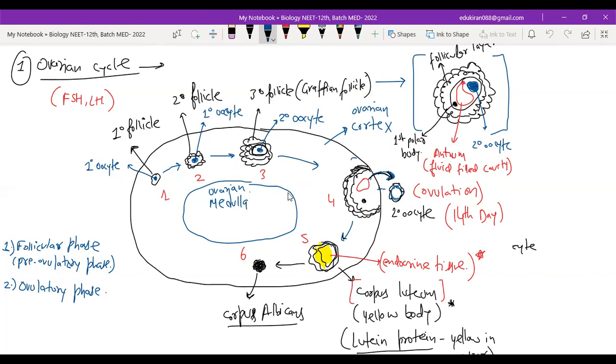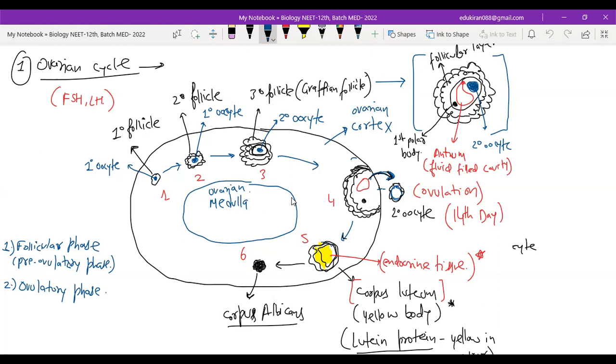Sir, can you repeat the last line? Only one ovarian follicle produces secondary oocyte per month in females. Because in females there are two ovaries, I'm taking both the ovaries into consideration. So in a female, every month only one follicle is developed, but every month it develops from an alternate ovary.